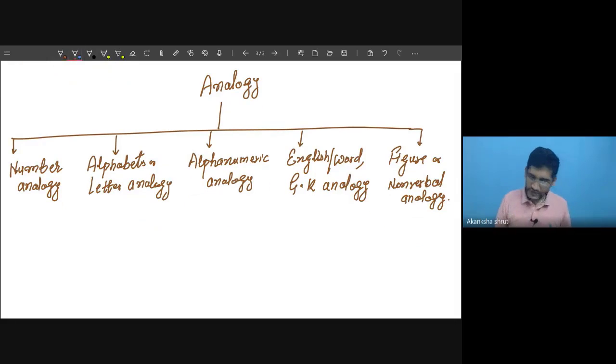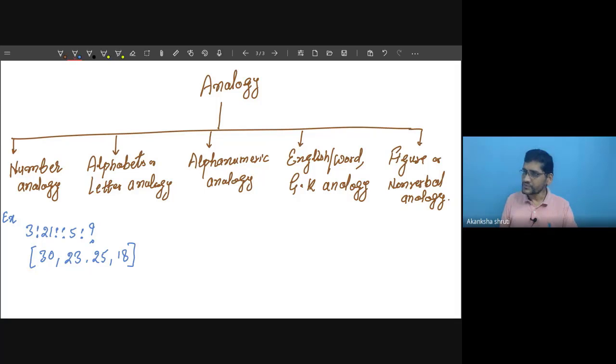A student, let me quickly take one example of each so that you can understand. Example, if I consider say 3 is to 21 and next one is 5 is to what? The options may be given like 30, 23, 25, 18.